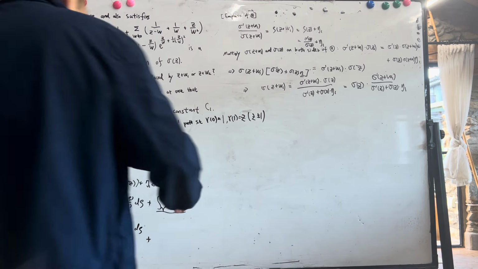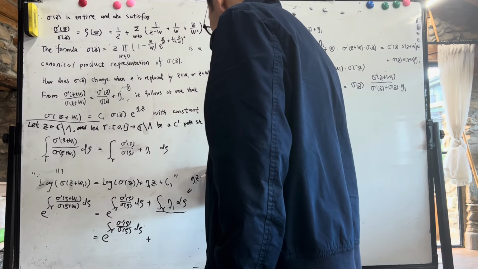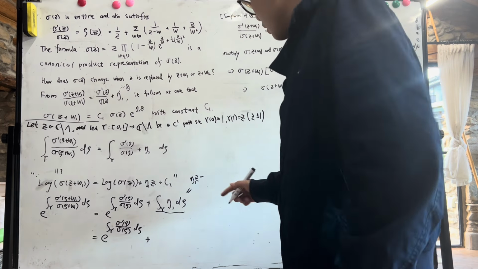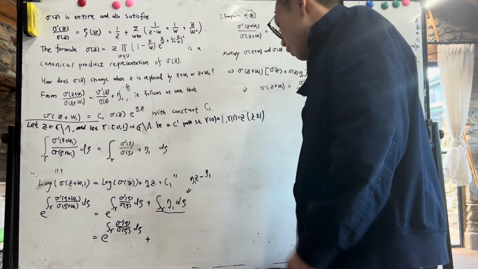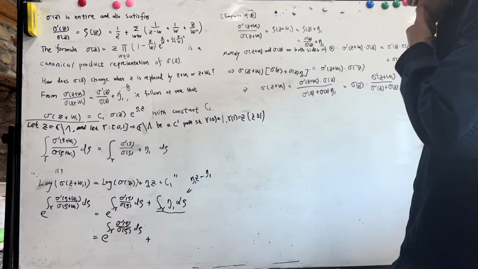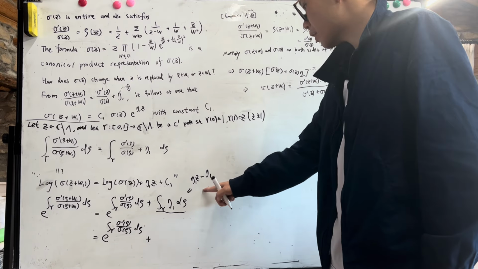So this one is equal to eta 1 z minus the endpoint, which is eta 1. But this is by the fundamental theorem of line integral.